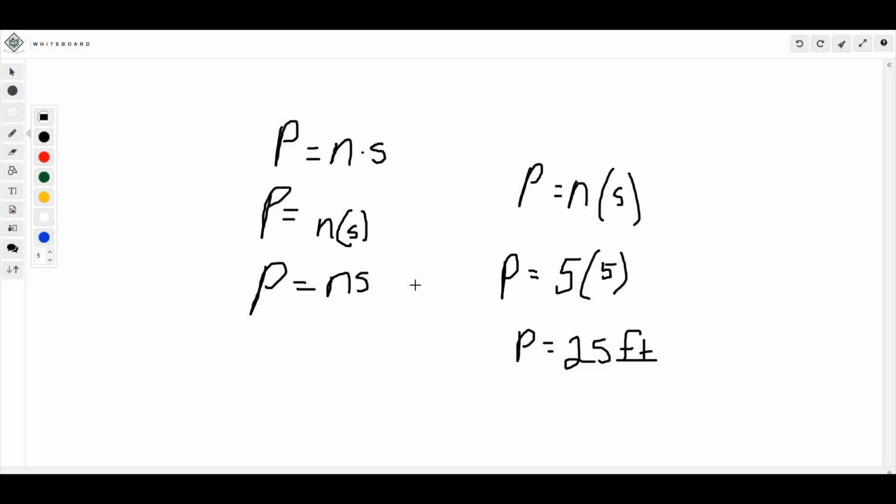Perimeter of a regular polygon. Wait a minute. I'm sorry. The number A. B is a regular polygon. That's going to be this. That's going to be where they're all the same length.